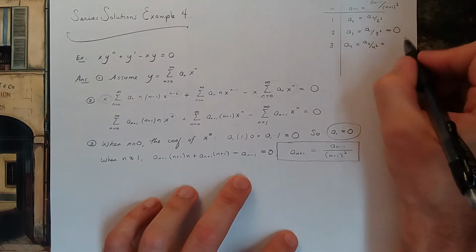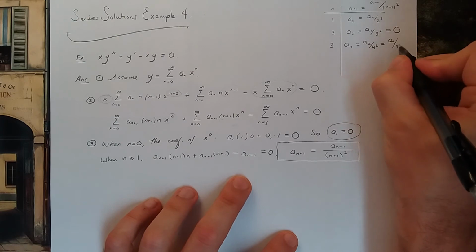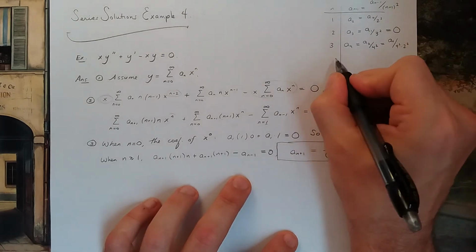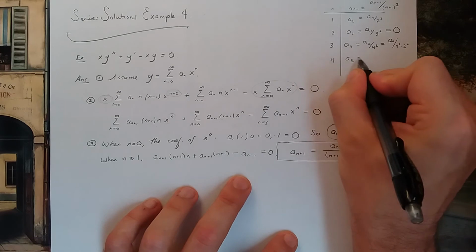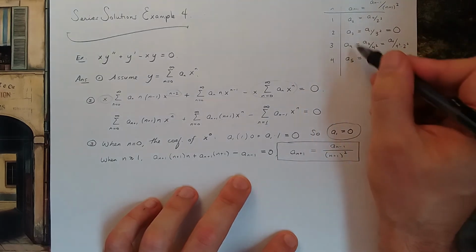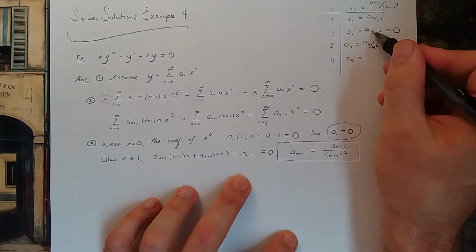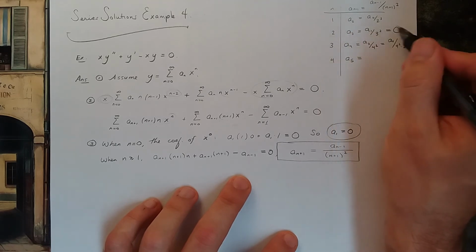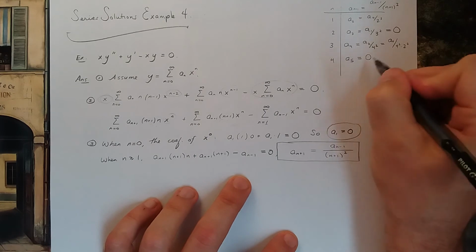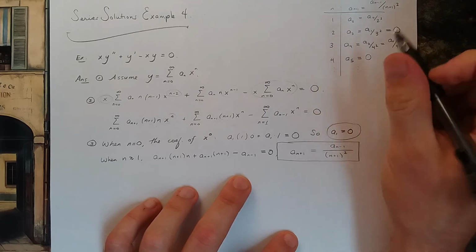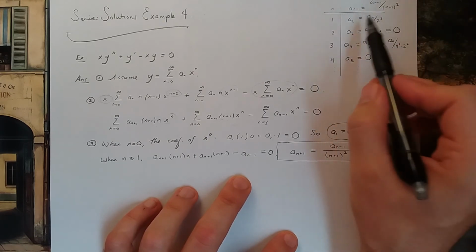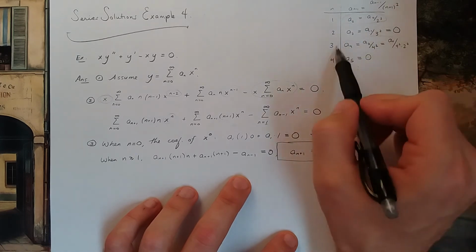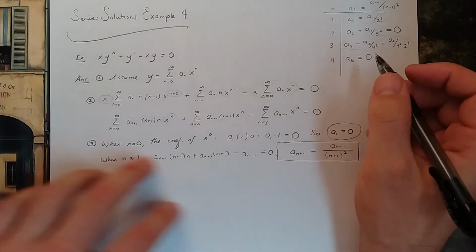That's a_0 over 2 squared, so this is a_0 over 4 squared times 2 squared. The a_5 term would involve the a_3 term, which also involves the a_1 term, which is 0. So in this example, you will only get non-zero terms for the even coefficients of a_n.